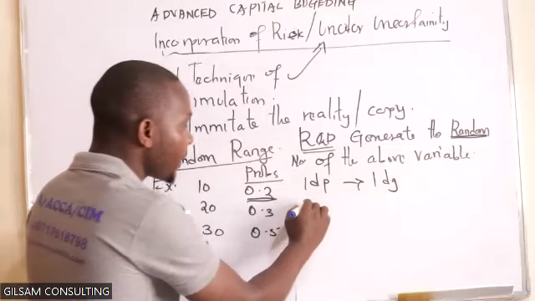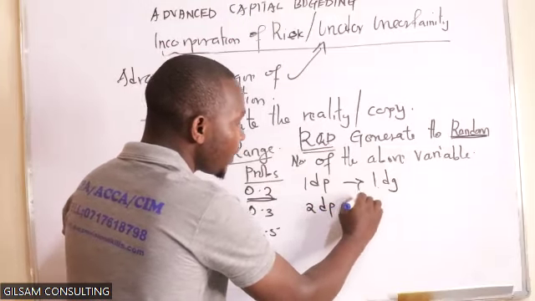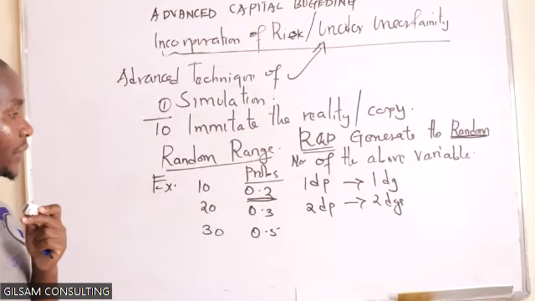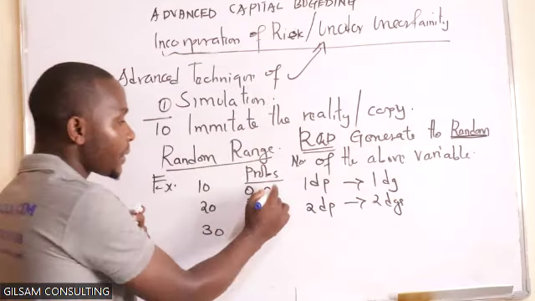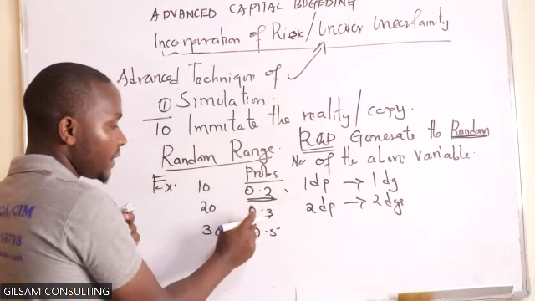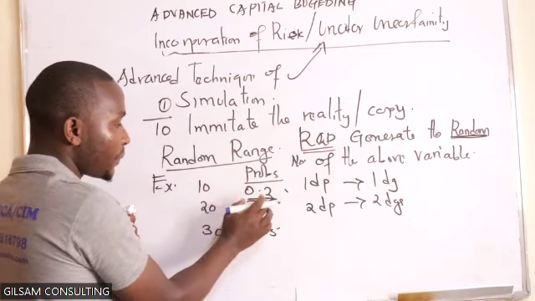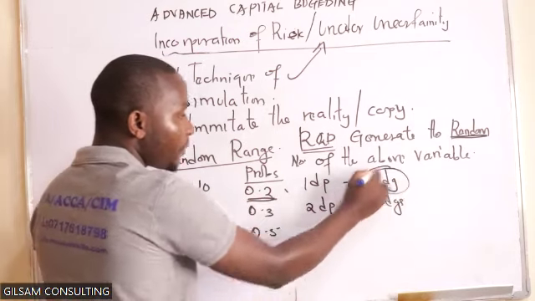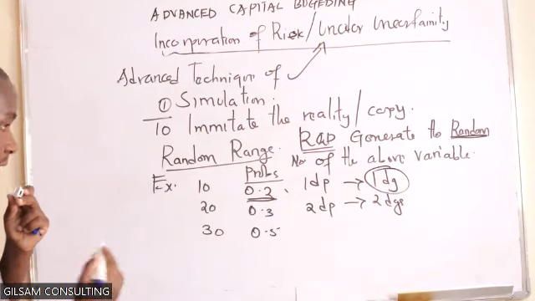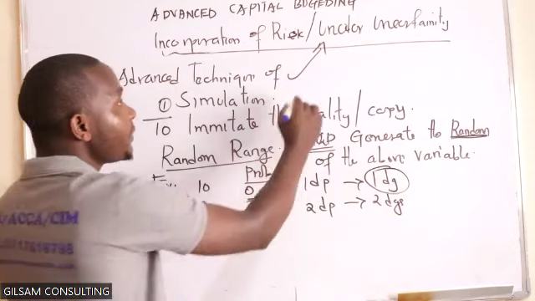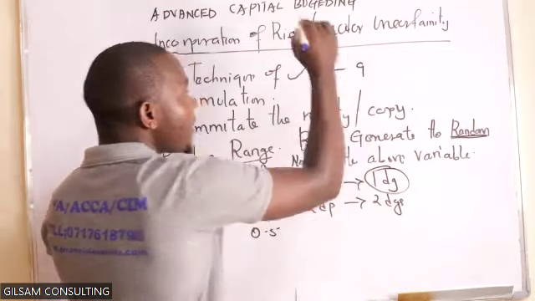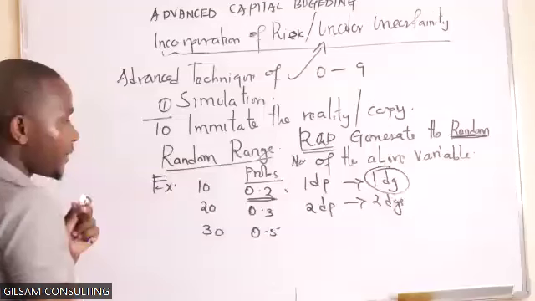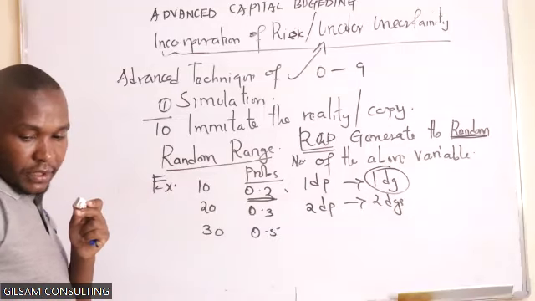For two decimal places, you give two digits. Here we have 0.2, 0.3, 0.5, so it is one decimal place. The random number should be in the form of one digit, which means from 0 to 9. So let's generate the random numbers for this project.